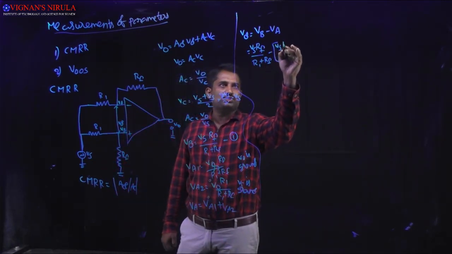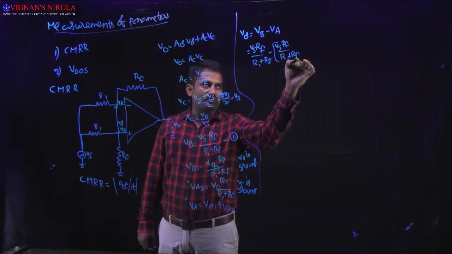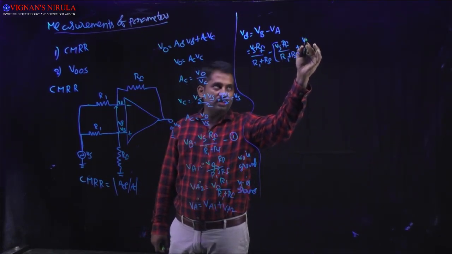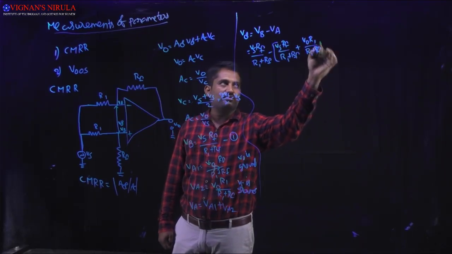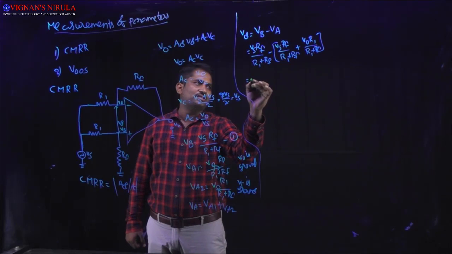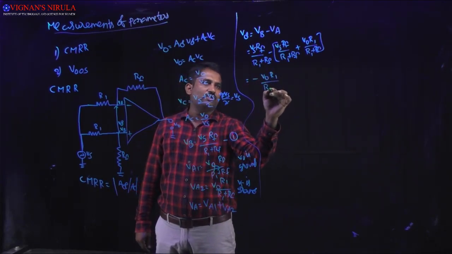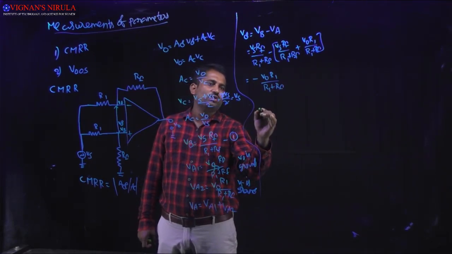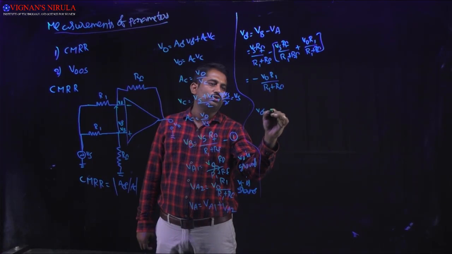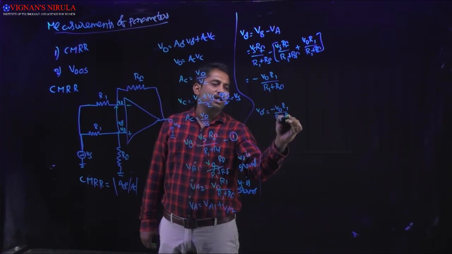So Vs into Rf divided by R1 plus Rf, plus V0 into R1 divided by R1 plus Rf. These two terms are cancelled. We will get minus V0 into R1 divided by R1 plus Rf, so VD is equal to minus V0 into R1 divided by R1 plus Rf.